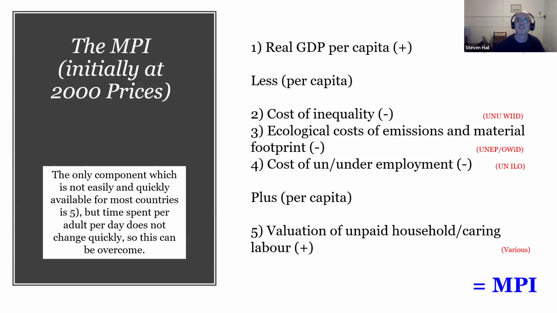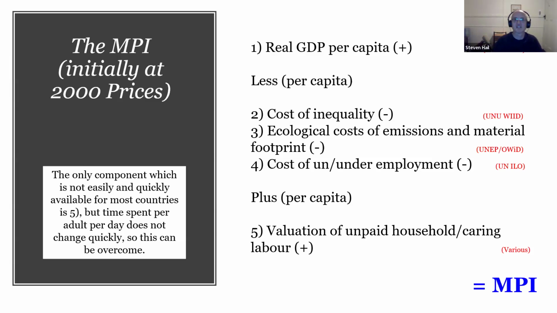They differ for a variety of reasons, these different databases, that I won't worry about at the moment, but basically we're interested in net income or income after taxes and benefit payments. How unequal is income in a particular country?